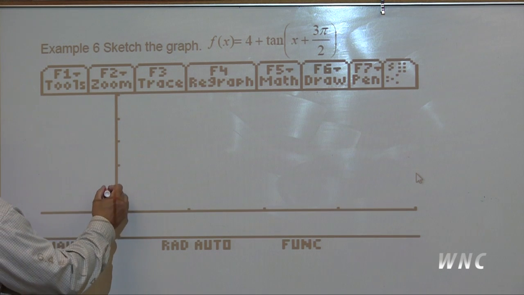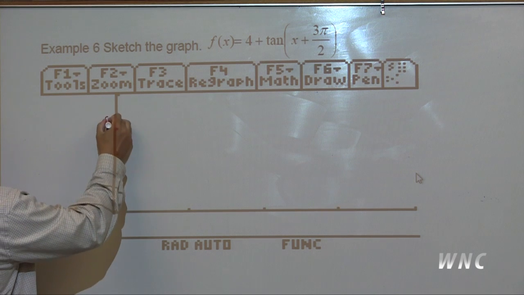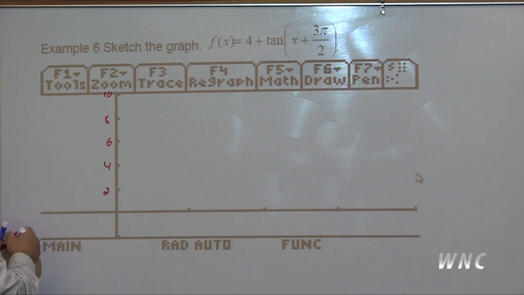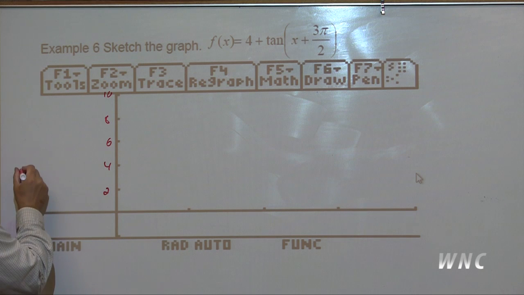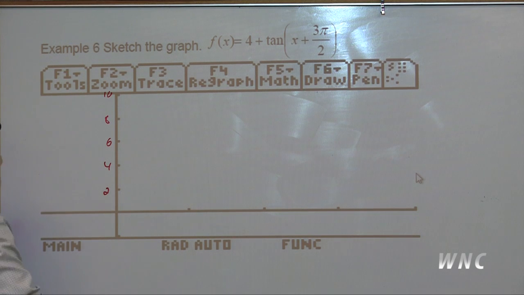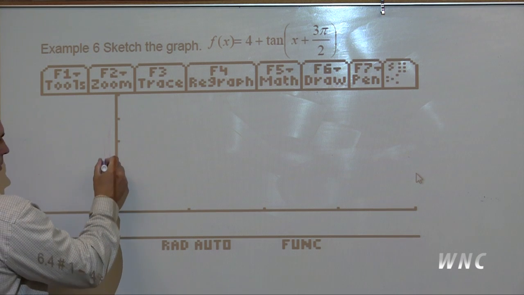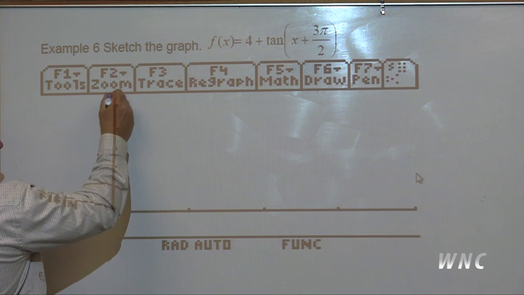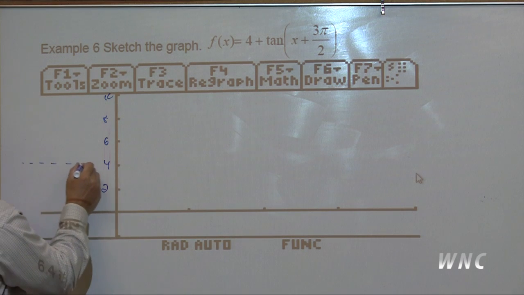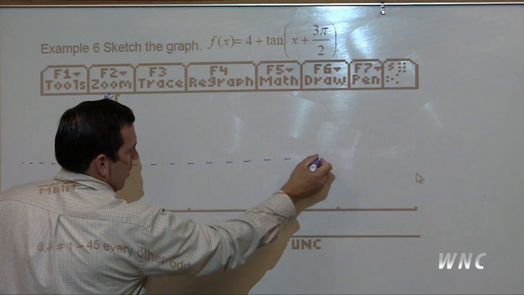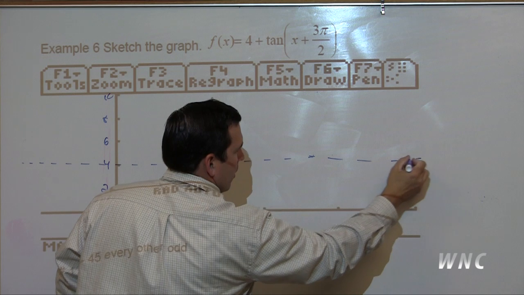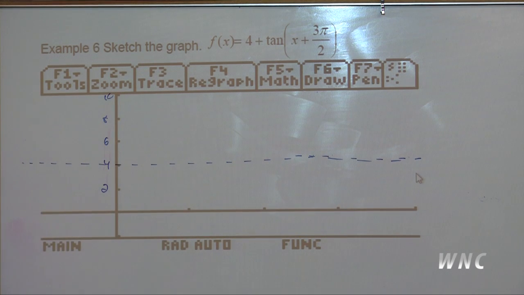I'm going to go ahead and call this 2, 4, 6, 8, 10. I'm going to change it to blue just to be consistent with everything else. So here would be our important values.